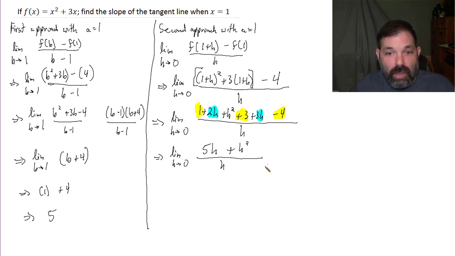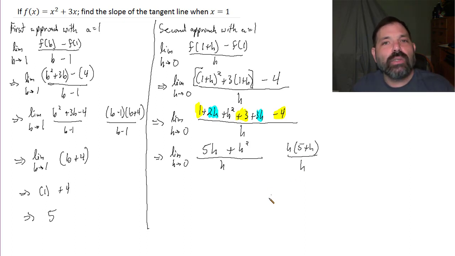Over h. Again, I can do a little factoring here. Notice that the numerator can be written as h times 5 plus h, and the denominator is still h. Notice that I still could not directly substitute 0, because the numerator would become 0 and the denominator 0. It's still indeterminate.